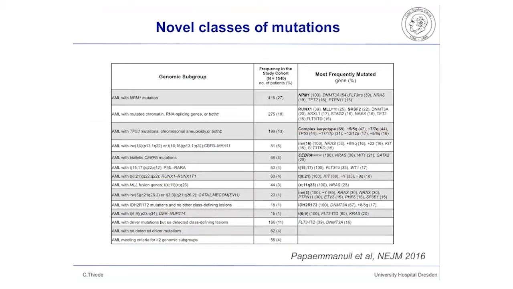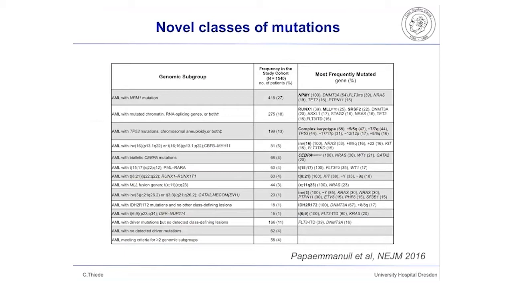As you can see on this slide, in the near future the classification might become even much more comprehensive, as shown by the publication by the Sanger Institute in cooperation with the AMLCG in Germany.